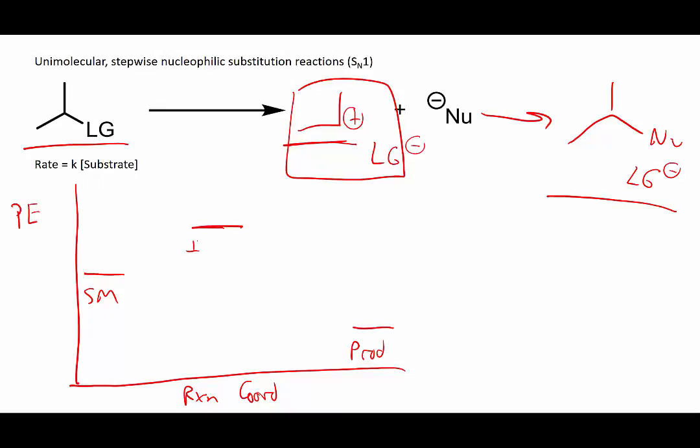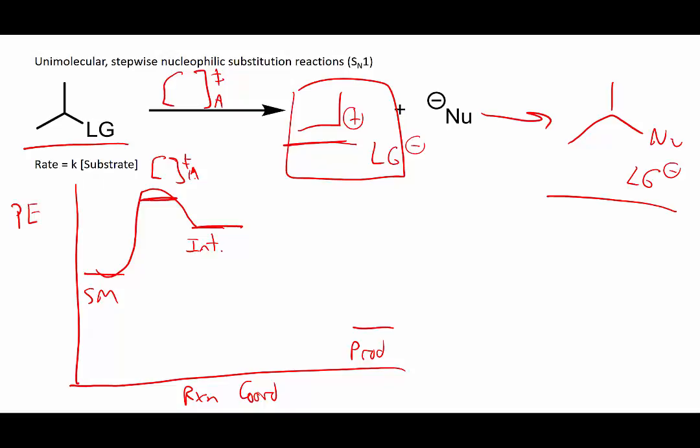So I'm going to label this as our intermediate. How do we get to our intermediate? Well, we have our first transition state where the leaving group is being removed from the substrate. To do this, it requires a lot of activation energy. So it's going to take some energy to get up there and a slightly lower energy state to make our intermediate. Label this transition state A.